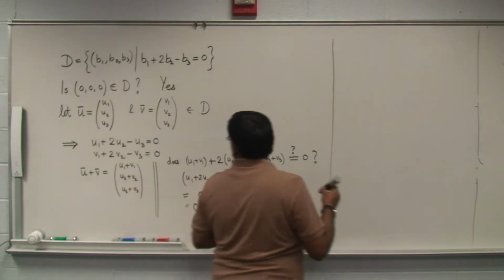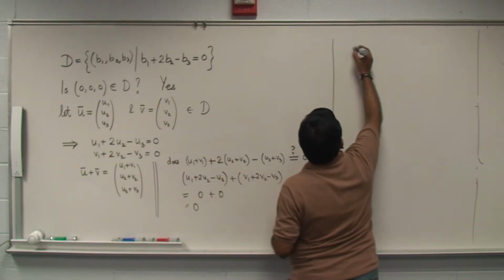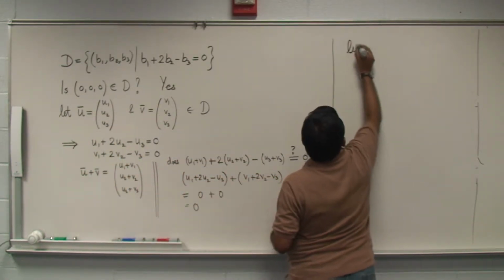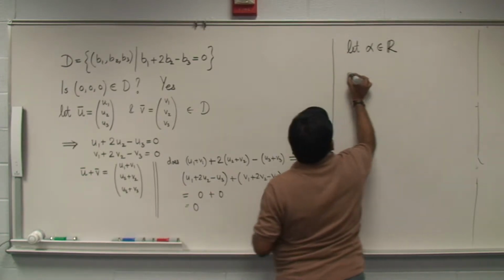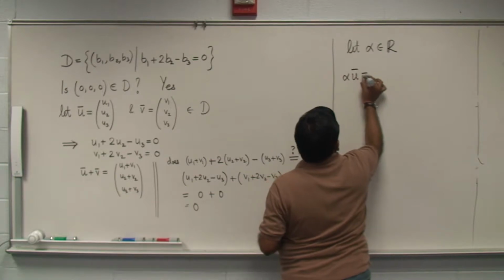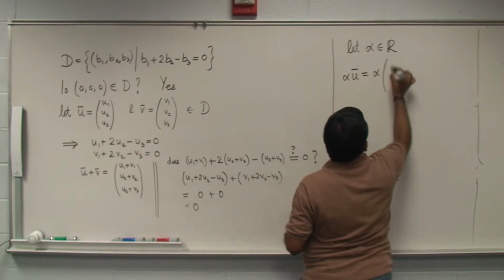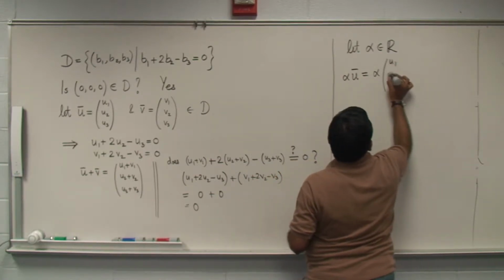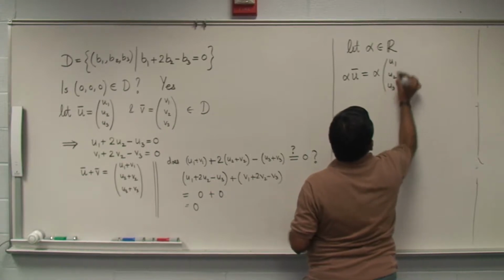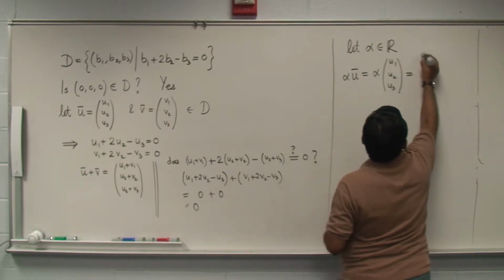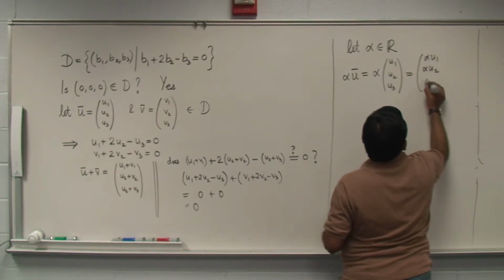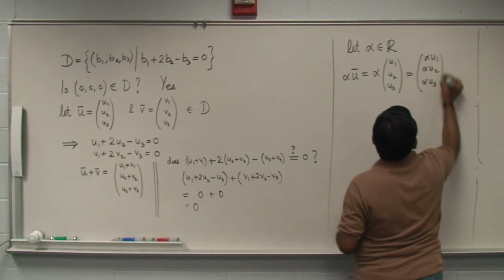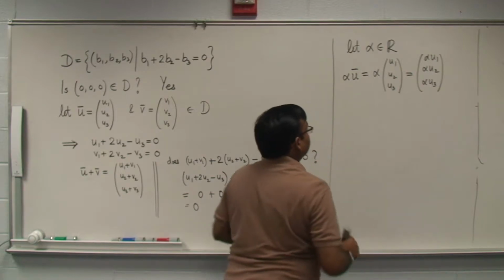Okay, now let's see closure under multiplication. So this time we'll again pick a scalar. We take u1, u2, u3. This gives me a new vector whose first component is alpha times u1, second is alpha times u2, and so on.